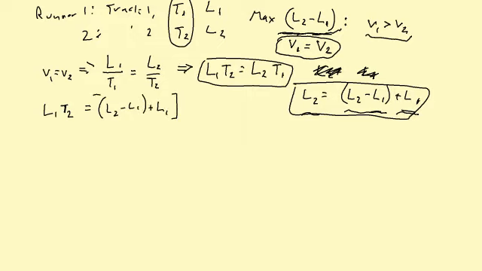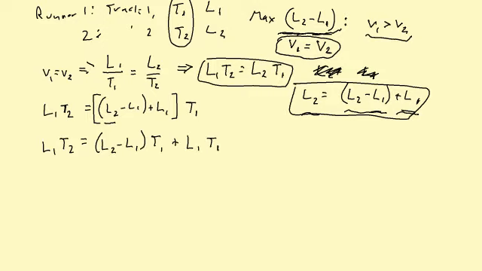We're going to bracket that whole thing because we're multiplying that all by T1. So what that gets us is L1 T2 equals L2 minus L1 times T1 plus L1 times T1.